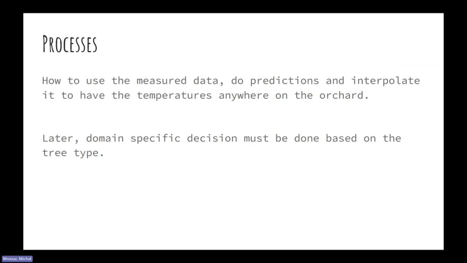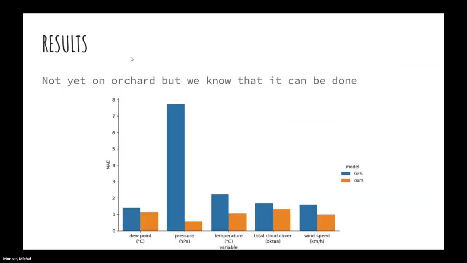So how do you use the measured data, do predictions, and interpolate it? Some domain-specific knowledge has to be applied for the specific use case. We don't have any result for the orchard specifically yet, but we know it can be done.